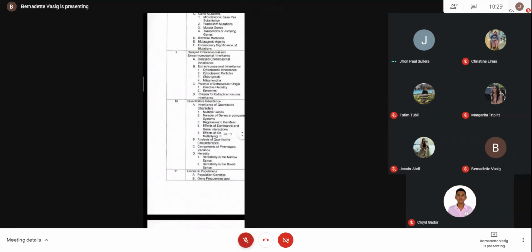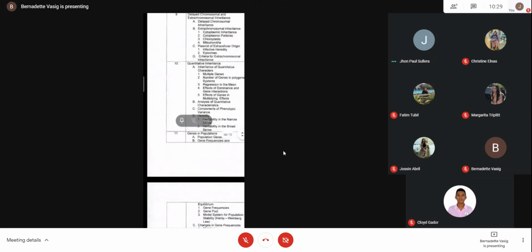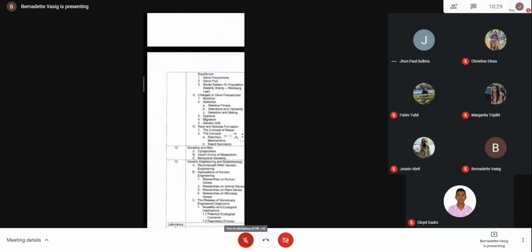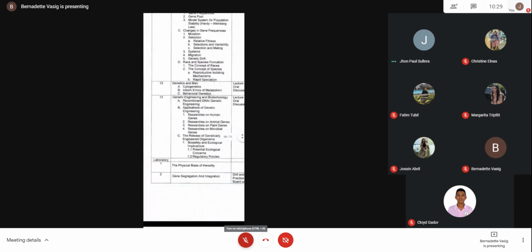So, ang inyong nga topic will be an application to any of the topics that we will discuss in genetics. For example, you want to focus on taxonomy of microorganisms using genotyping or using HTS, or you want to focus on certain studies on genetic engineering, dayon ang iyahang gigamit is CRISPR-Cas9 as its method.